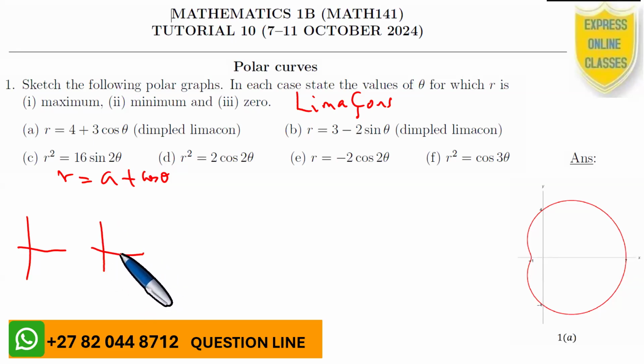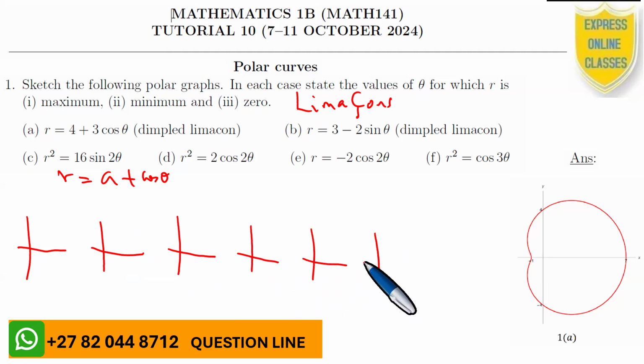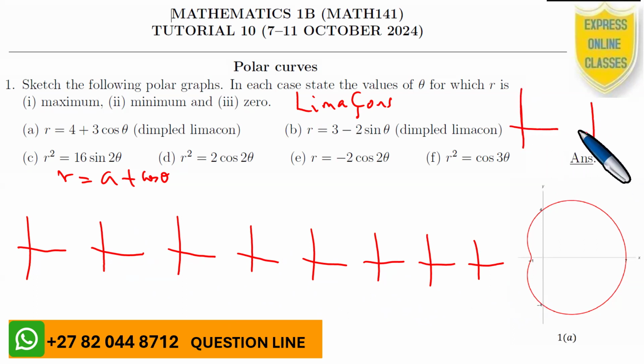We have 10 of them: 1, 2, 3, 4, 5, 6, 7, 8, 9, 10.